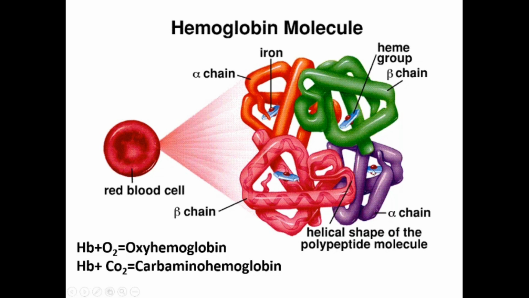By this iron component, they can attach to oxygen and CO2 in a reversible reaction. When hemoglobin attaches to oxygen, it makes oxyhemoglobin. By attaching to CO2, it makes carbaminohemoglobin. Both of them are reversible reactions. It means they can easily detach from each other.